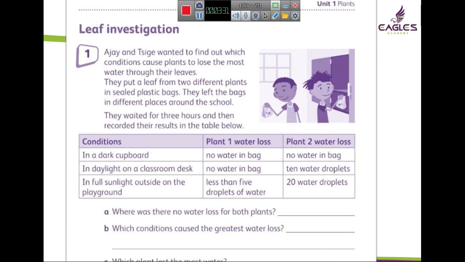Because they are wondering about different conditions. So how can we study different conditions? We have to put the plastic bags in different places around the school. They waited for 3 hours and then recorded their results in the table below.